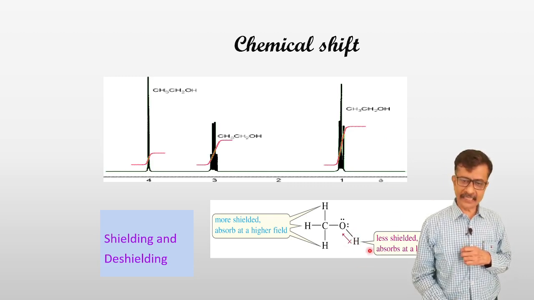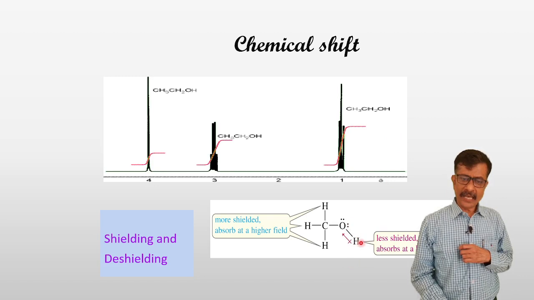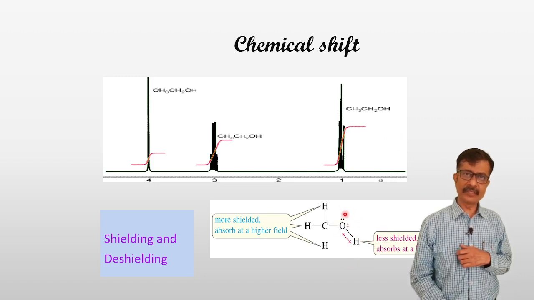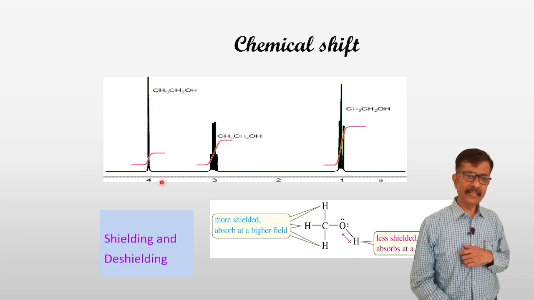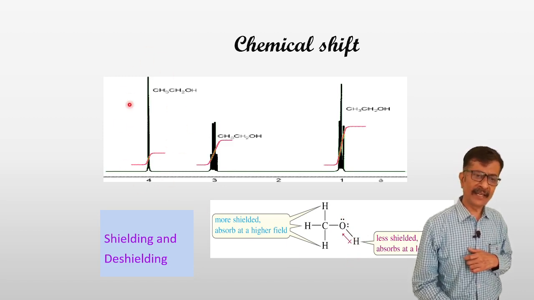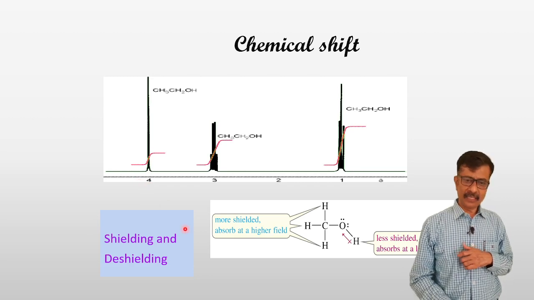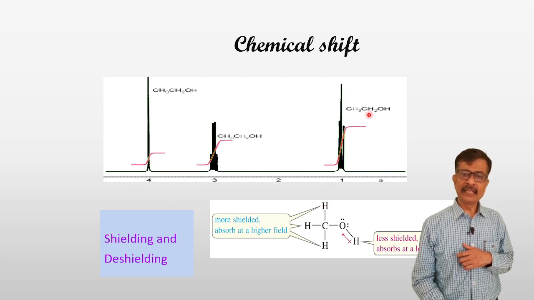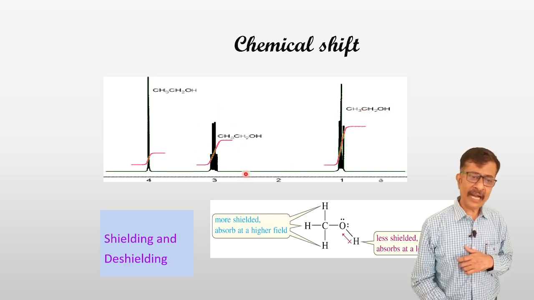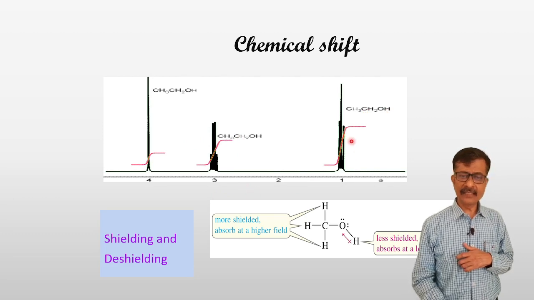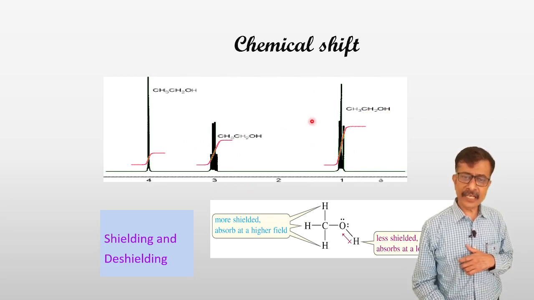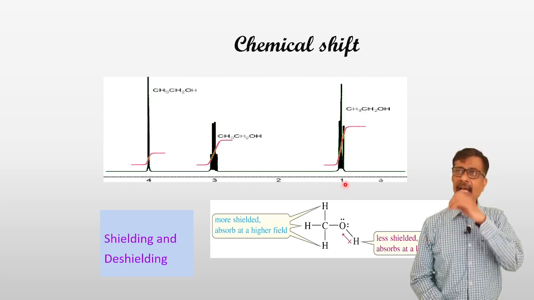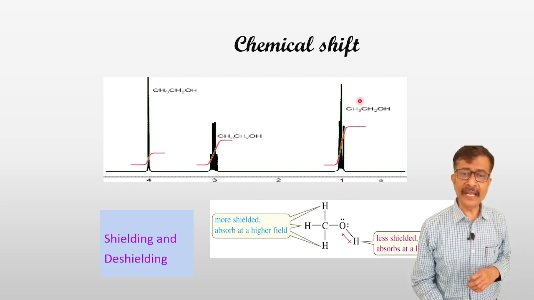But here if you look at this, H is connected to electronegative oxygen, so it is de-shielded and it shows a peak at a lower applied magnetic field or higher delta value. Compared to this, CH2 is comparatively less de-shielded. So the CH2 peak will be at a somewhat higher applied magnetic field, and the CH3 peak will be at a still higher applied magnetic field, because CH3 is shielded.